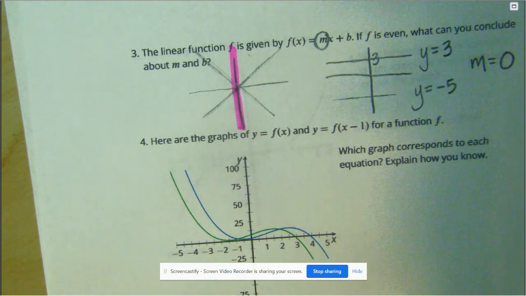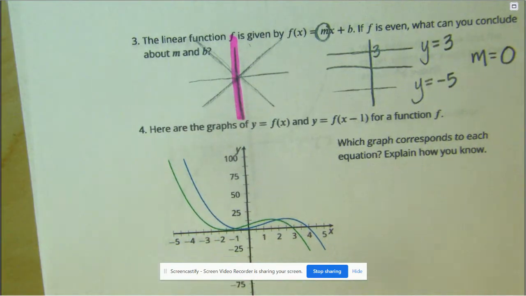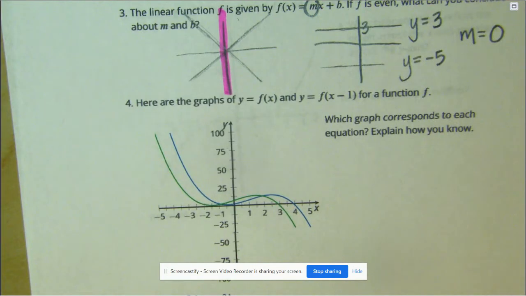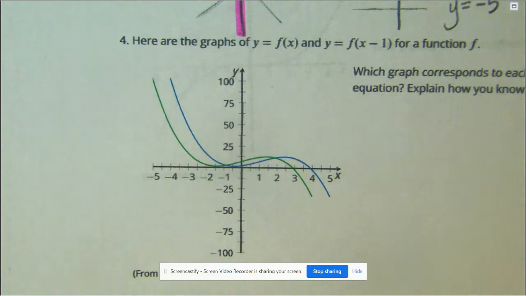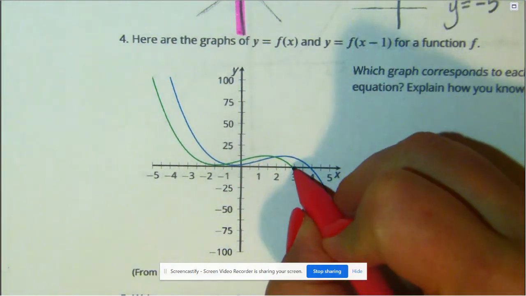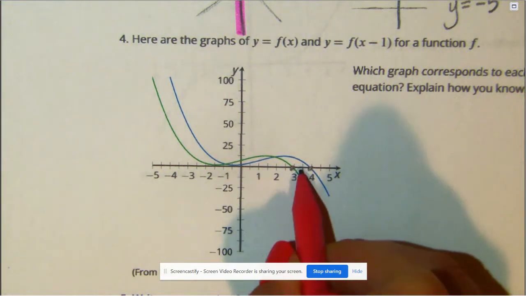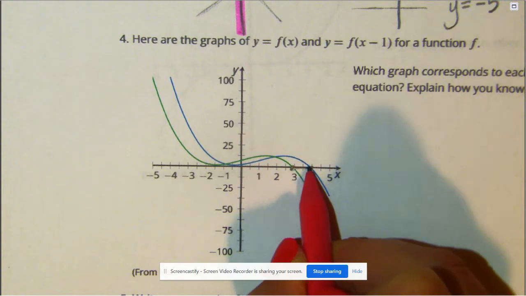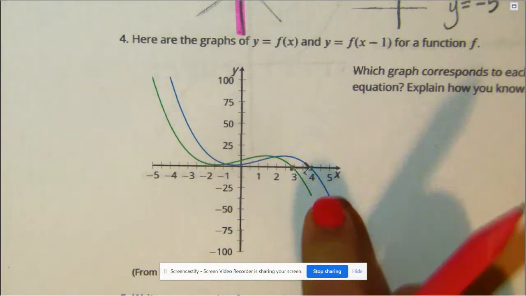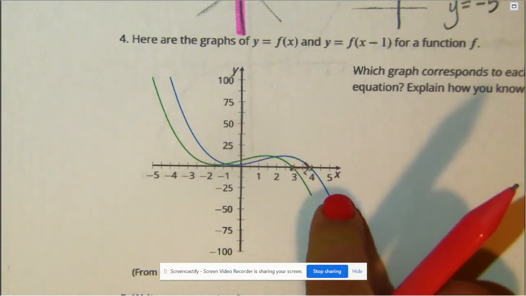Number 4. Here are the graphs of f of x and f of x minus 1 for a function f. Which graph corresponds to each equation? Explain how you know. Well, I try to find 2 points that I can easily compare. So my eyes gravitated towards this one and this one. So I can tell the green graph, if I shift it 1 to the right, it becomes this blue graph on the right-hand side.